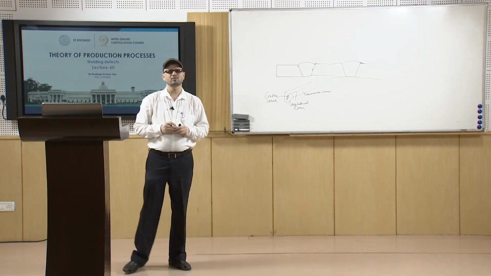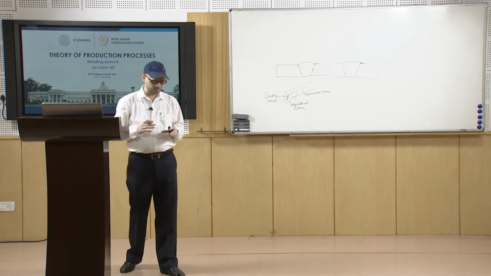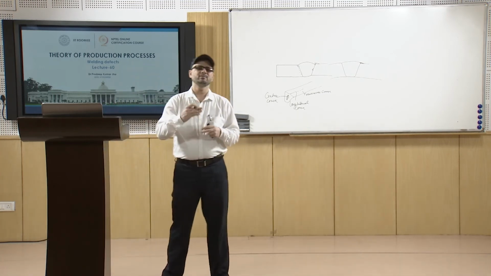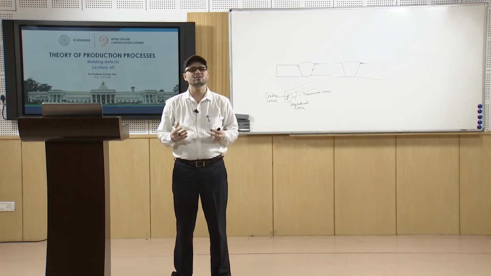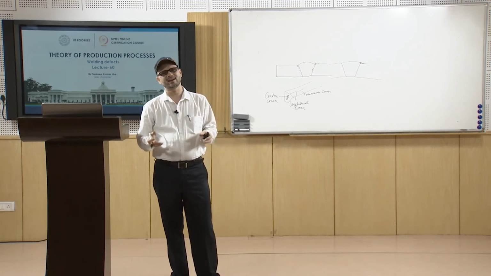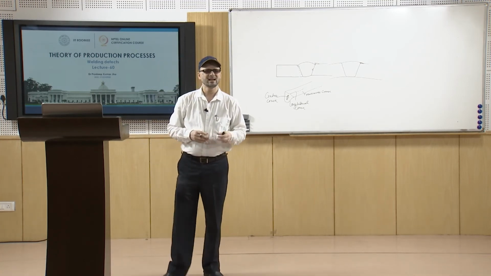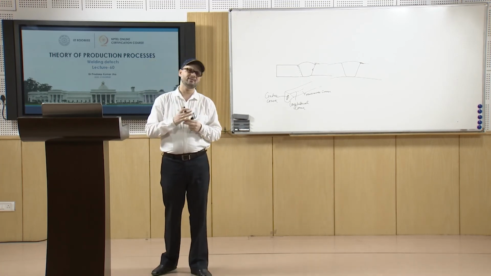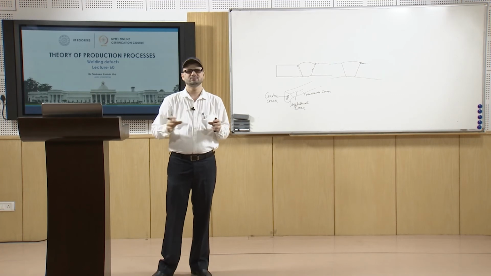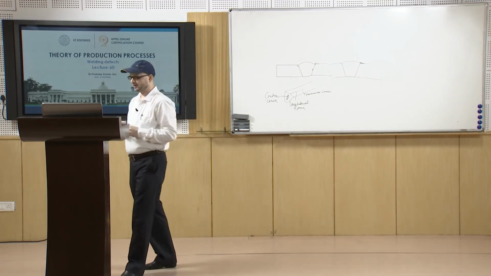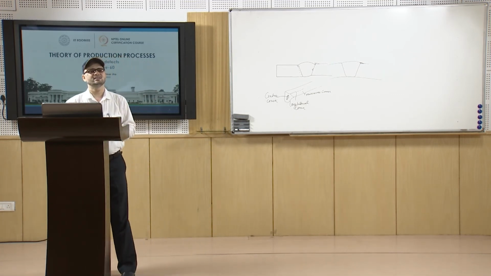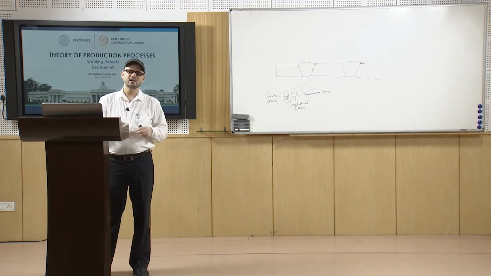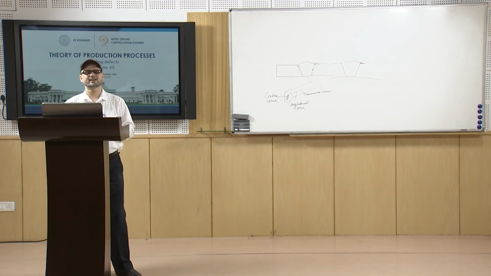Incomplete fusion or penetration may be because of an improper joint, or because of improper selection of the welding parameters like welding current. Imperfect shape, we have already discussed certain types, where mainly improper selection of welding current is one of the parameters in the case of overlaps.